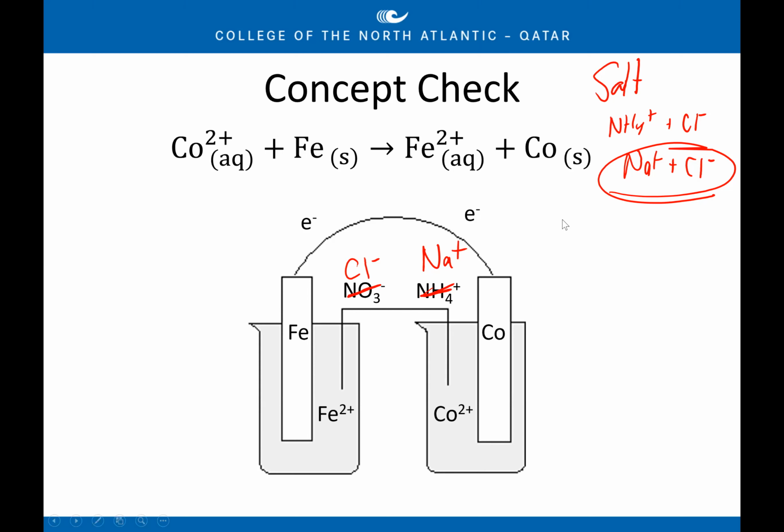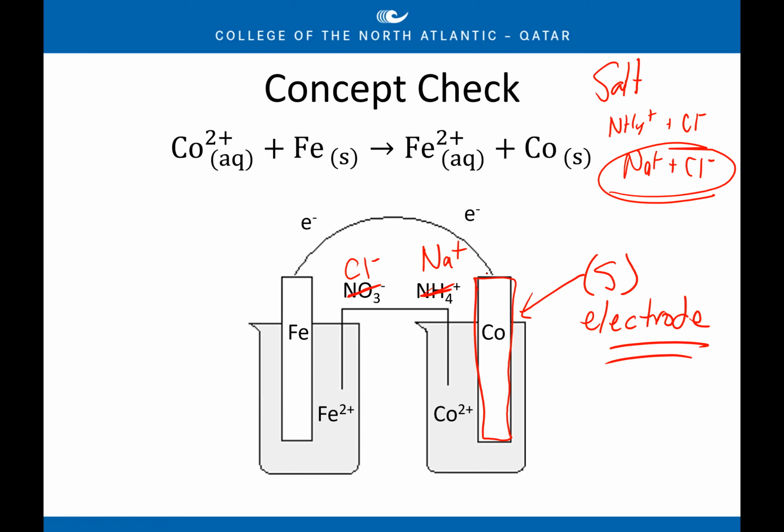Yes, Abdulhalim, guys, you cannot put charges on this. That's a good question. This is always the solid chemical. This is your electrode. It has to be solid. The reason it's a square is because it's a piece of metal, a piece of solid.